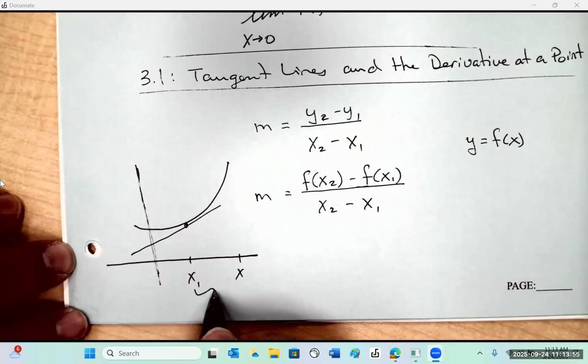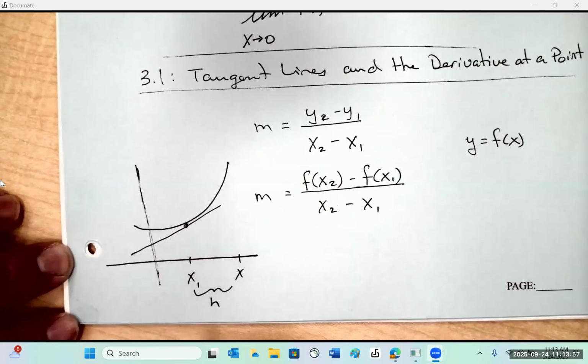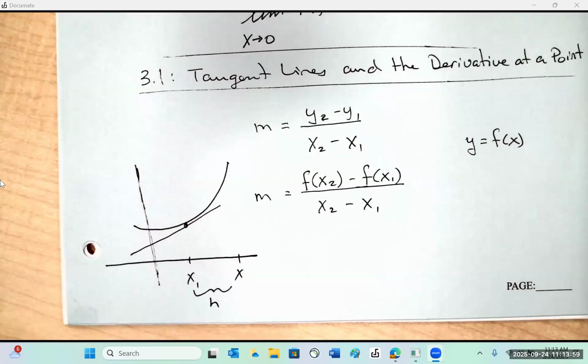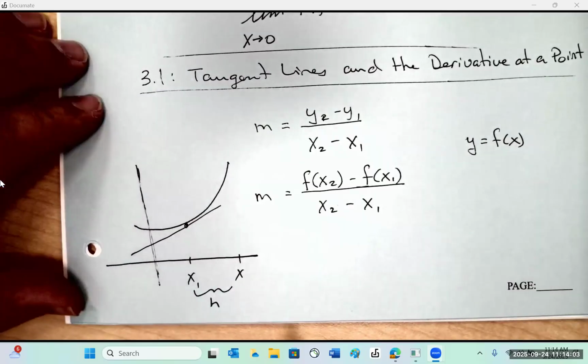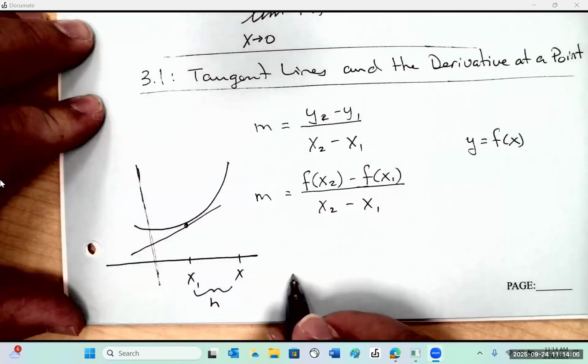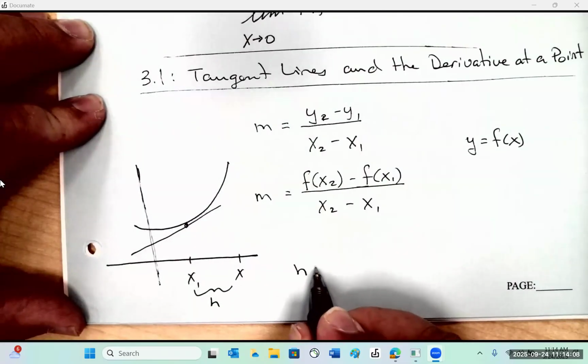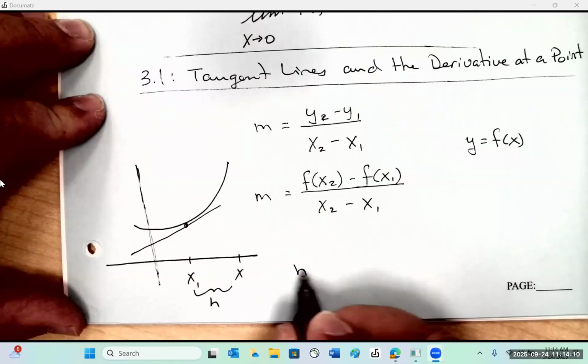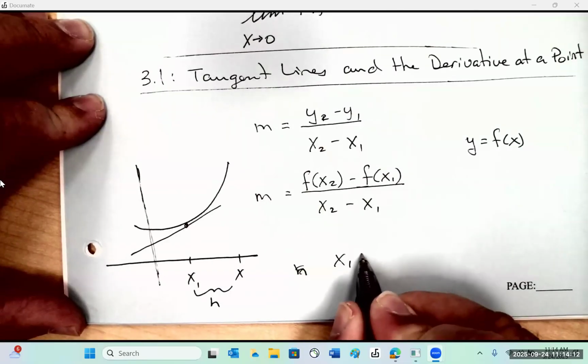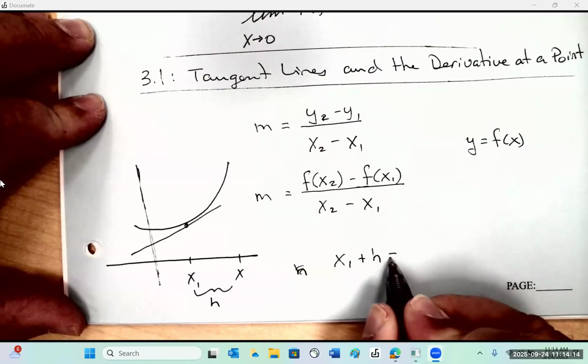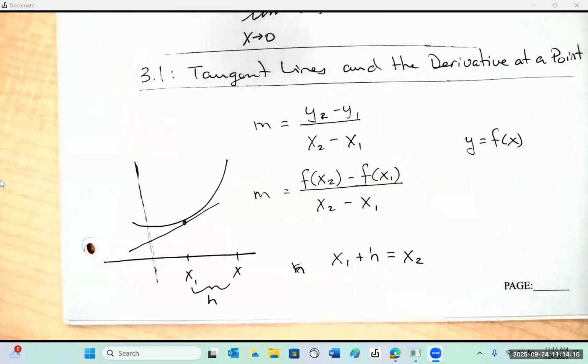So we define that distance as h. So h really is, well, we have x sub 1 plus h equals x sub 2.